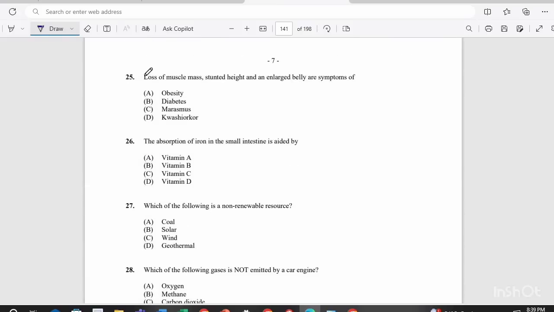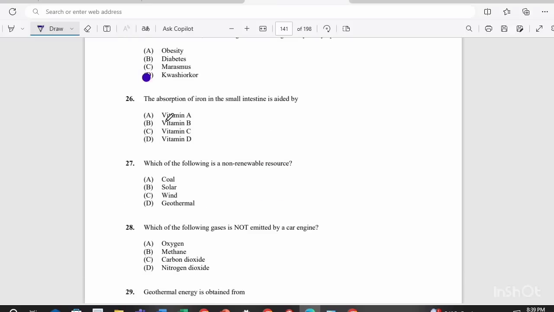Question 25. Loss of muscle mass, stunted height, and an enlarged belly are symptoms of A, obesity, B, diabetes, C, marasmus, or D, kwashiorkor. Answer there is D, kwashiorkor. Question 26.